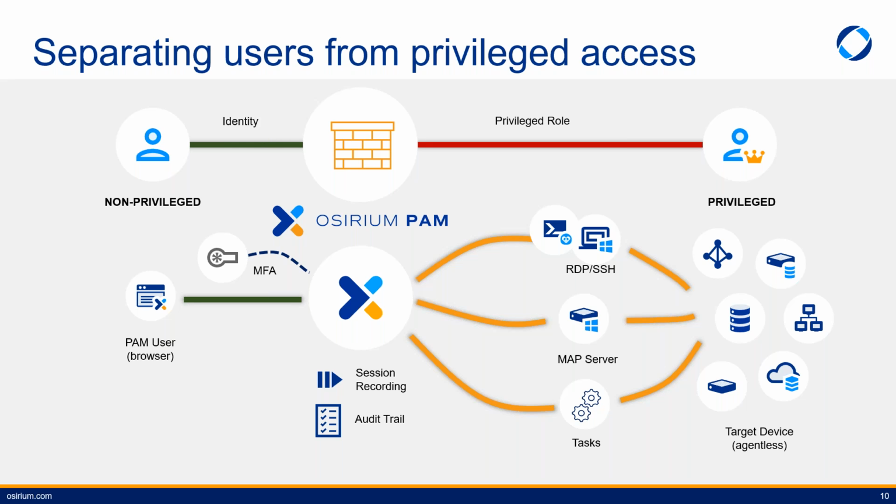So that's where the map server component within PAM comes in, and that allows us to share individual applications while still providing a single sign-on mechanism. So like we do for the RDP and the SSH connections, we can provide single sign-on so that the end user making the connection doesn't know and has no knowledge at all of the credentials being used.